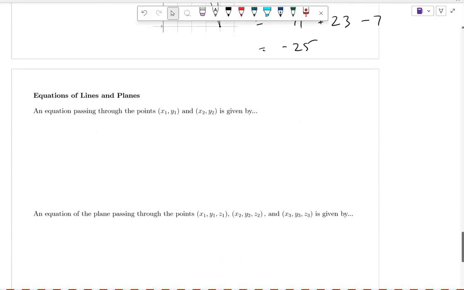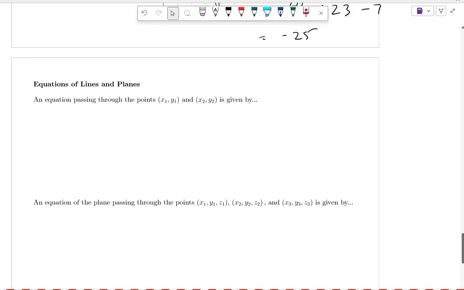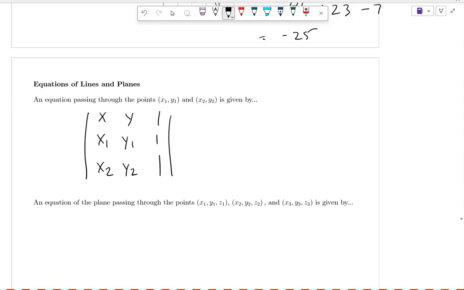So, using that same kind of concept, if you want to find an equation of a line through 2 points, remember your equation of a line needs to satisfy some condition on the x and y.